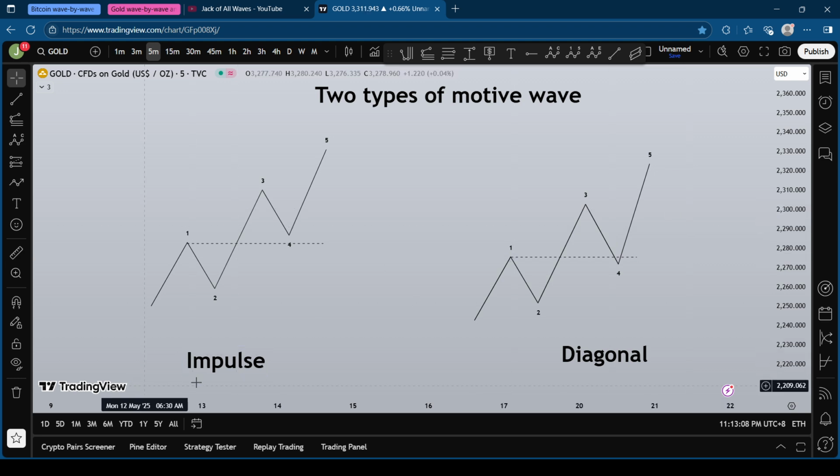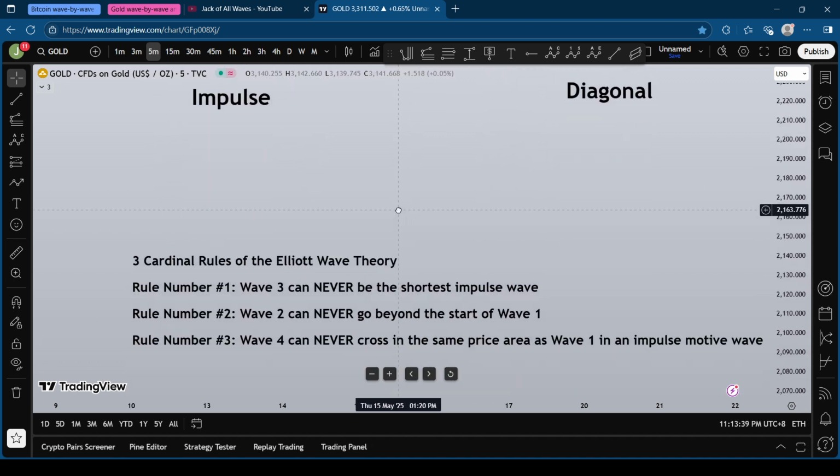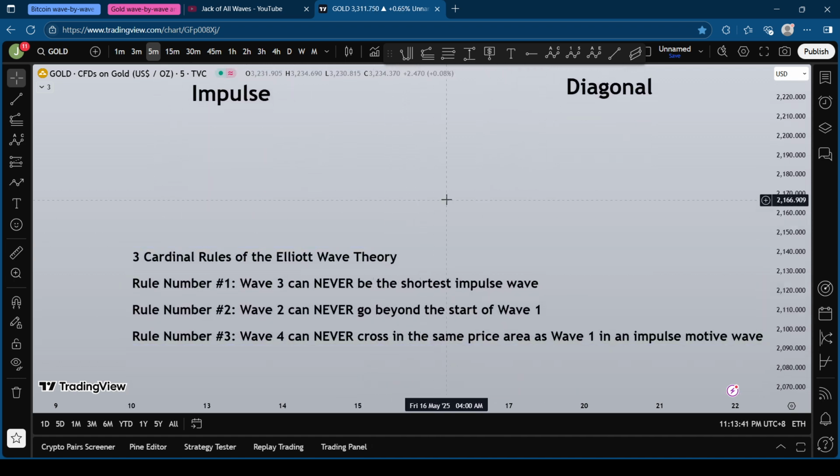So it is impulse if the wave 4 respected the wave 1 territory, while it is a diagonal if the wave 4 overlaps the territory of wave 1. So with this in mind, let us now proceed to the cardinal rules of Elliott wave theory.